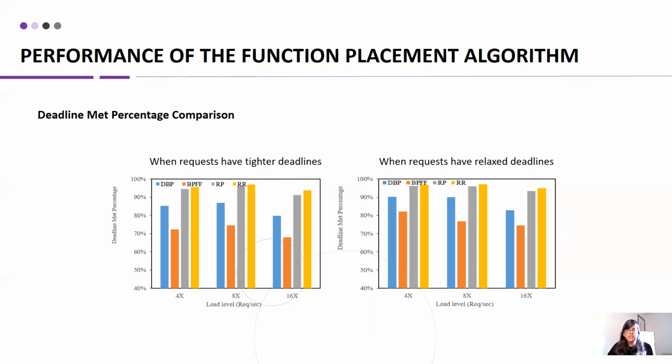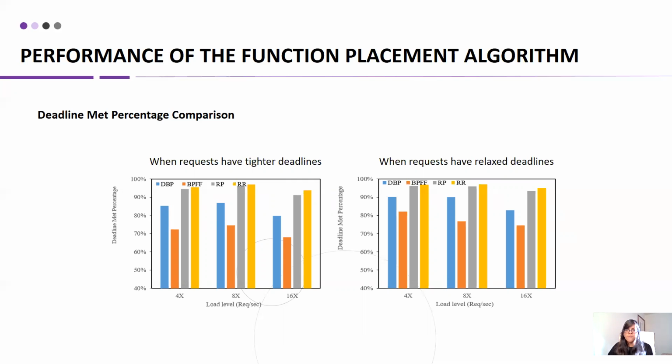So these figures show results measuring the deadline satisfaction metric. It is evident that round robin and random placement algorithms are able to show high levels of meeting deadlines here. So why is this? This is because they have a better opportunity of dynamically provisioning CPU resources to functions as functions approach their deadlines, since the initial function placement tends to happen in VMs with more free resources.